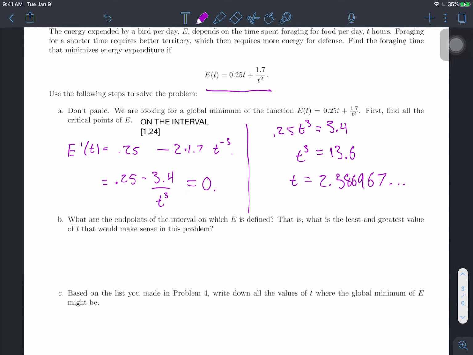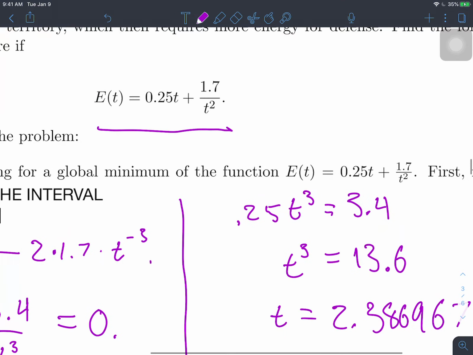A couple people shaking their head no. Can anybody tell me why it's not a polynomial? Yes? Because t has a negative power. Very good. The second term here, the power on t is not a non-negative integer. It's a negative integer. So this is not a polynomial.